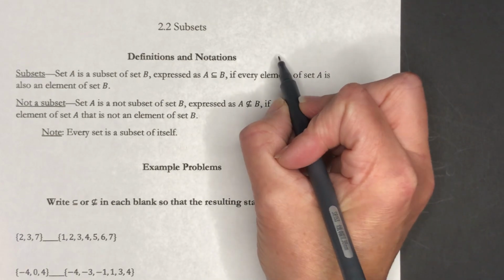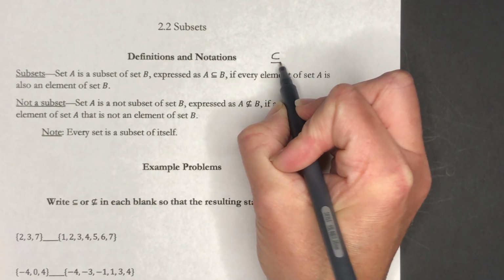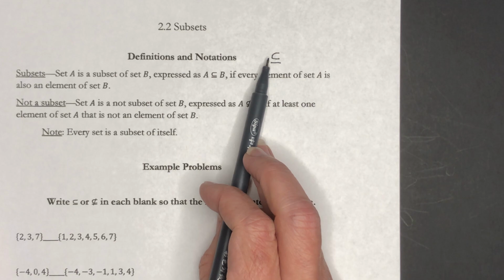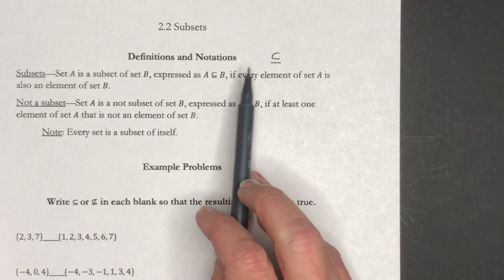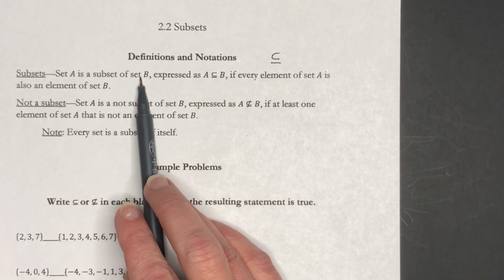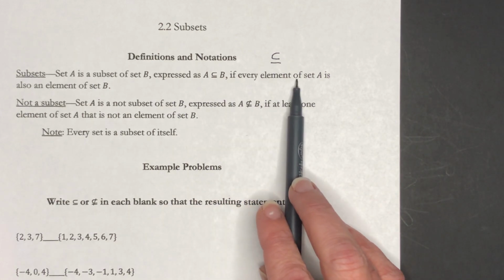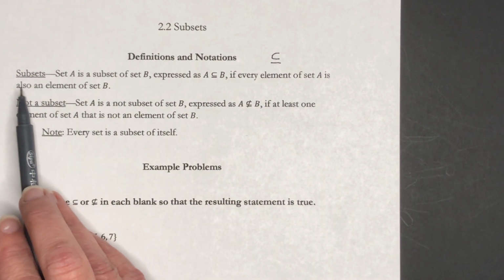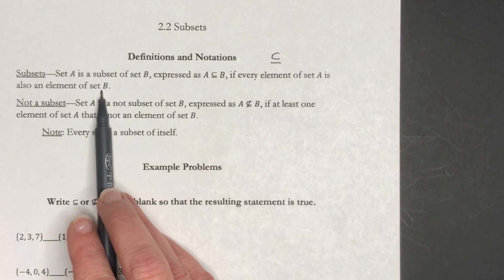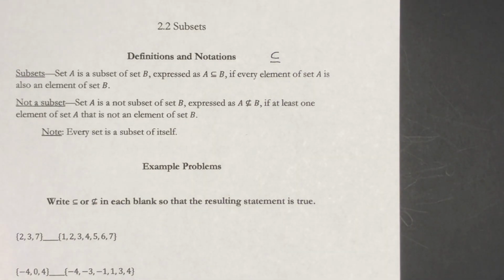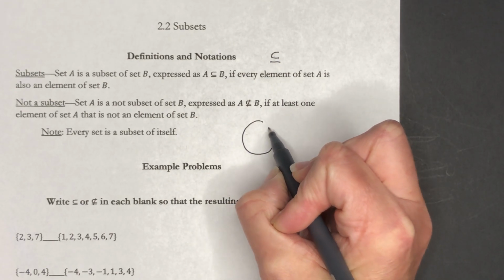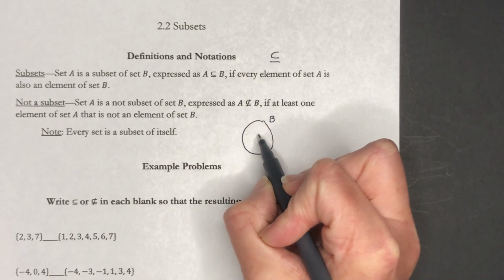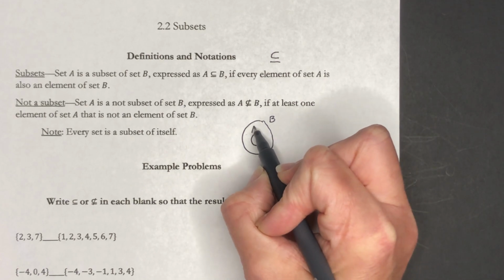Now that symbol right there is almost like less than or equal to, but that is rounded and not pointed. And they have kind of the same meaning if you look at it from the right direction, okay? Set A is a subset of B if every element of set A is also an element of set B. So if we were going to show this using a Venn diagram, this could be set B, and then set A would be entirely inside of it.